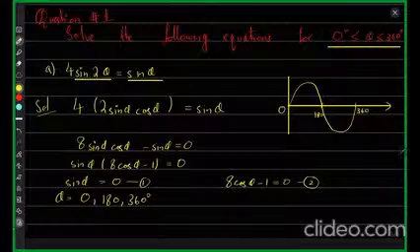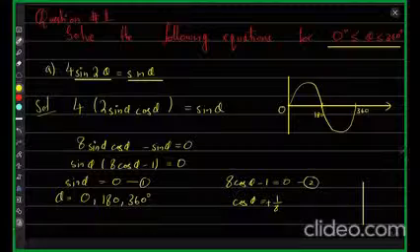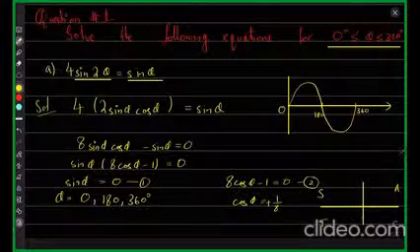So these are correct. And if I talk about the other one, so cos theta is equal to 1 by 8, it is positive. I'll talk about the quadrants now. So it's the first quadrant, the second one, third, and fourth.